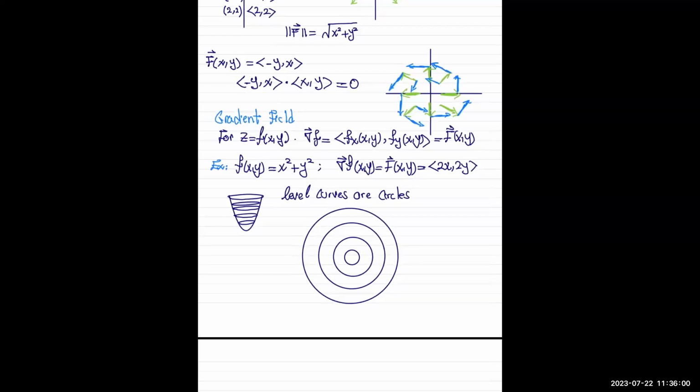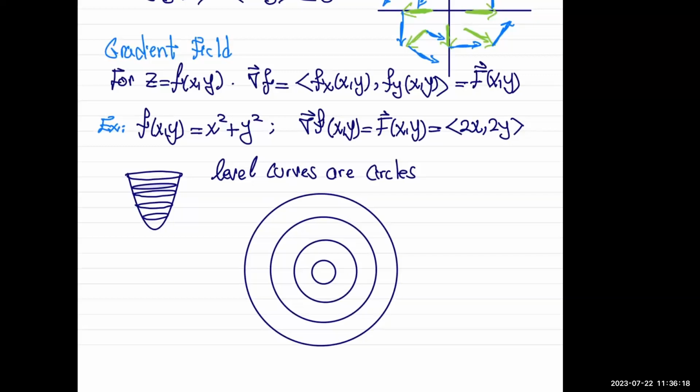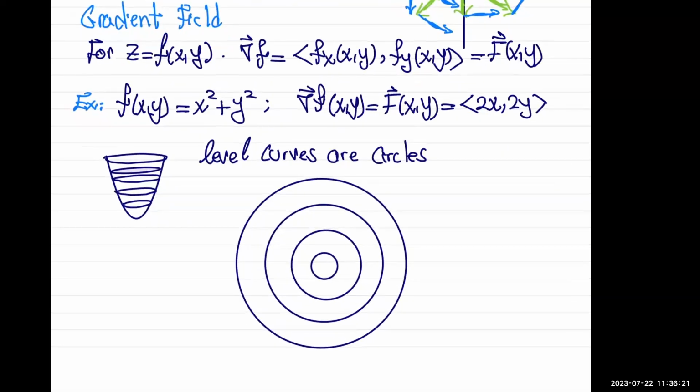What do we know from chapter 15? We learned that the gradient vector is orthogonal to the tangent line to each level curve. The gradient is basically orthogonal to the level curve. So this would be one of the gradients, this would be another gradient, and if you draw another gradient, it will be orthogonal to this level curve.